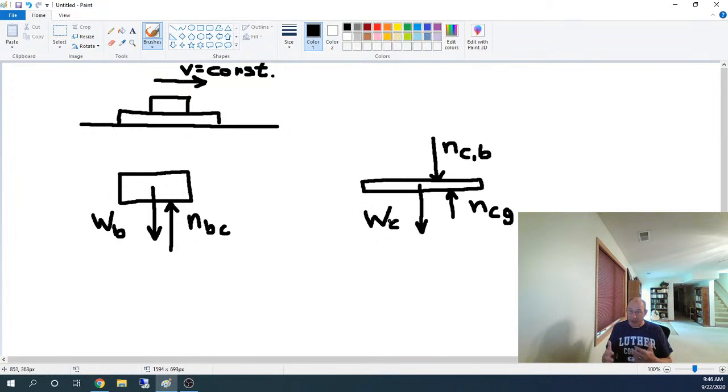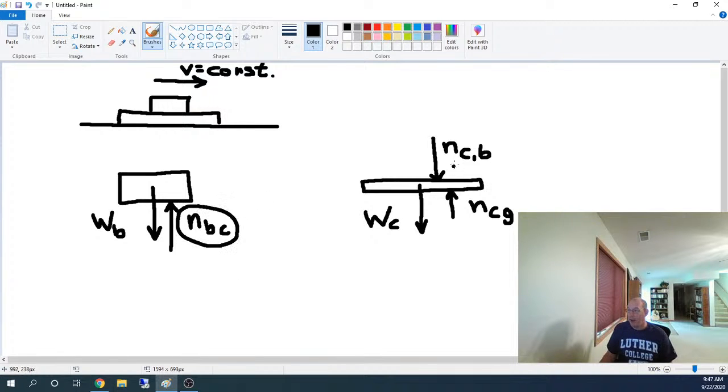They could be equal and opposite, that's true, like they are in this case. The weight of the brick is being completely balanced by the normal force exerted on the brick by the cushion. These are equal and opposite, yes, but they're not action-reaction pairs because they're different types of forces. This is a normal force of contact. This is a gravitational force exerted by the Earth. So they're not action-reaction counterparts.